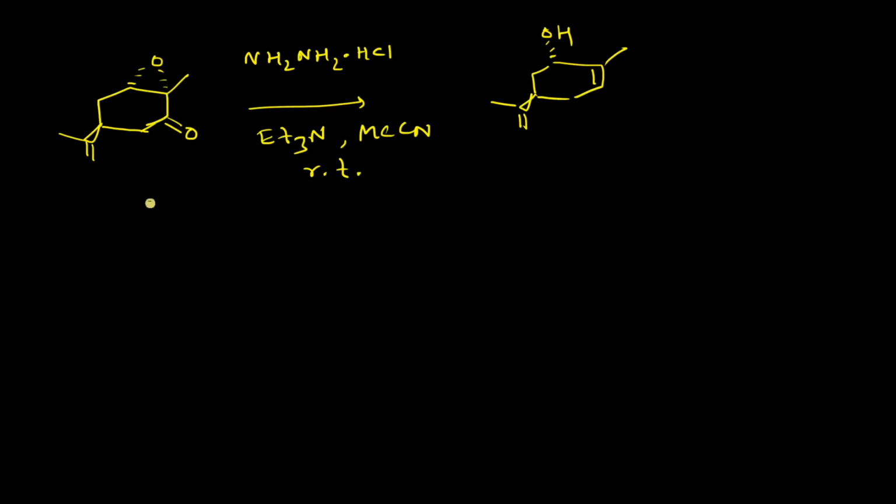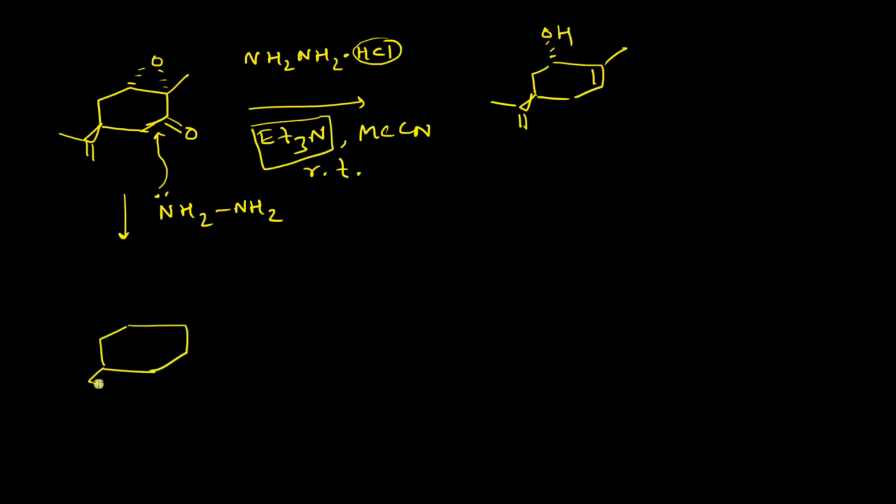Okay. So what will be the mechanism of this reaction? So initially the hydrazine, so this HCl will be consumed by the triethylamine present in the reaction medium. So after the consumption of this HCl, the free hydrazine will attack this carbonyl center and it will form the hydrazone derivative.